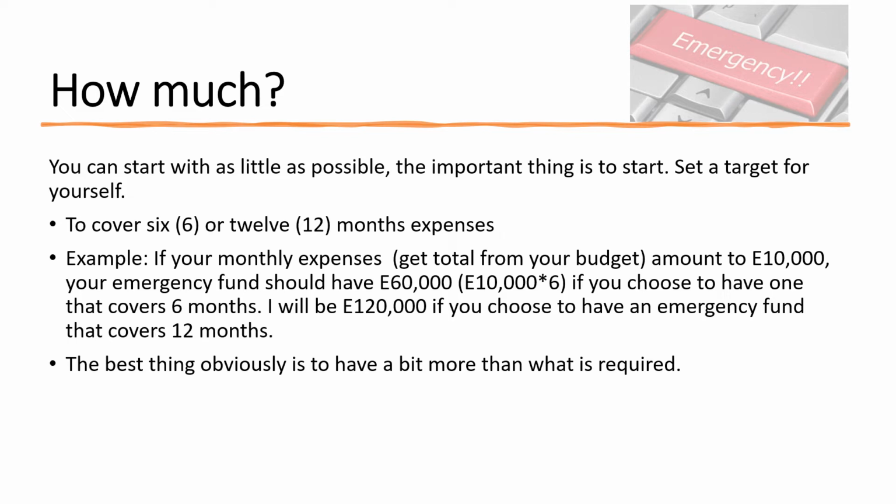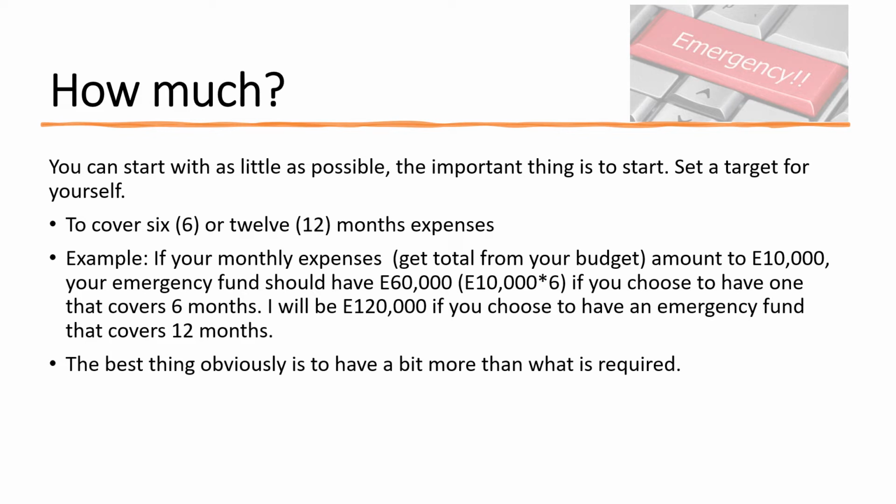So for instance, let's say you've drawn your budget. If you don't know how to draw a budget, please refer to our previous video on how to draw your budget. So let's say you've drawn your budget and you know that your monthly expenses average about 10,000 emalangeni.